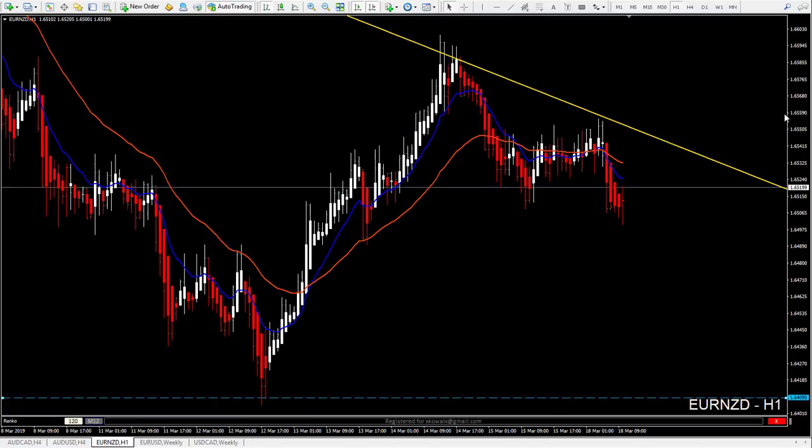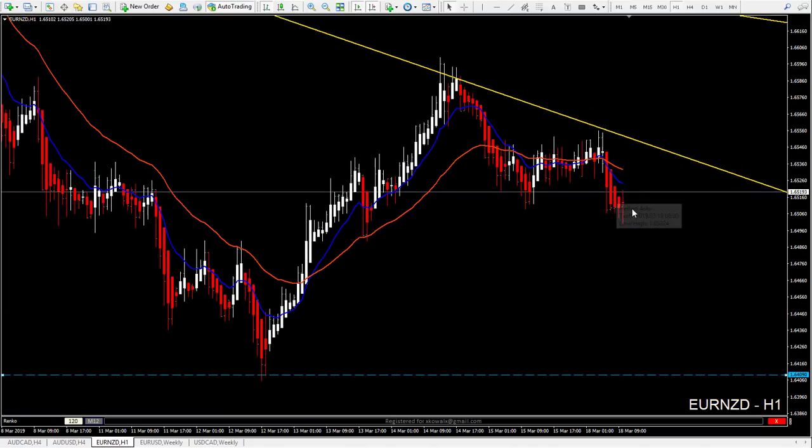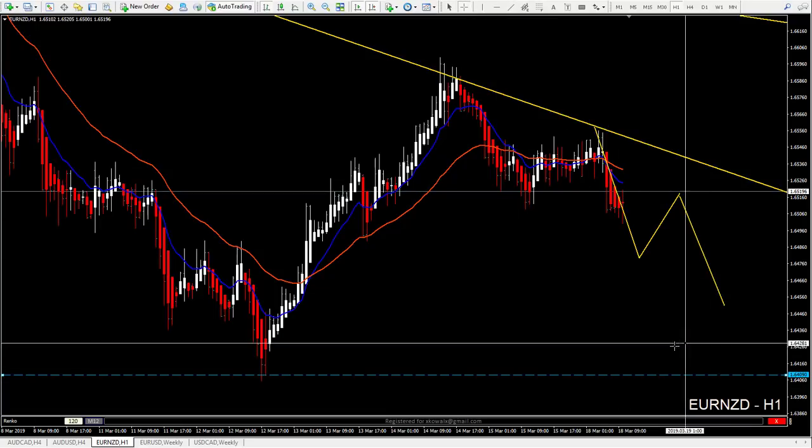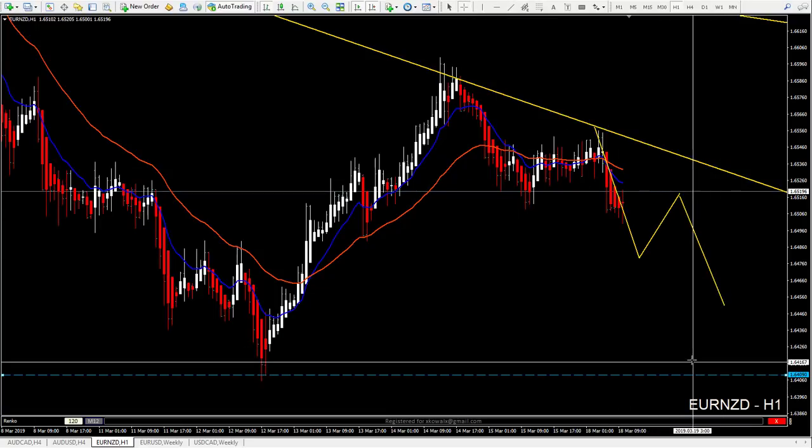If we go to the 1-hour chart, right now it doesn't look nice, but if you see that price is going down, is retracing, and you have new lower lows and new lower highs, then you can look for sells and target this support level.